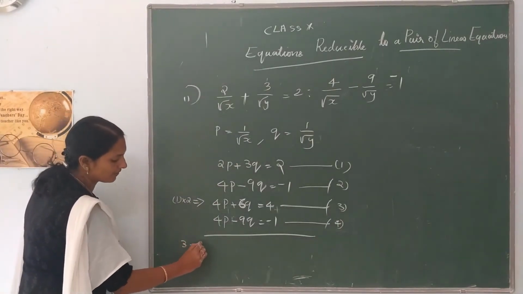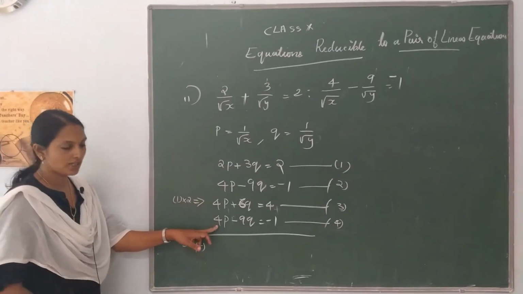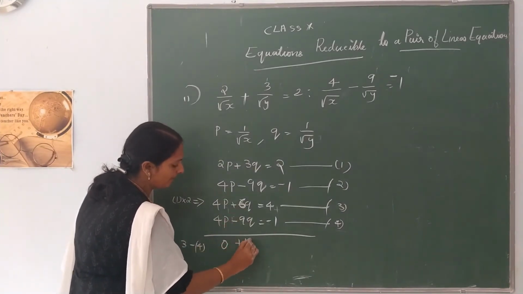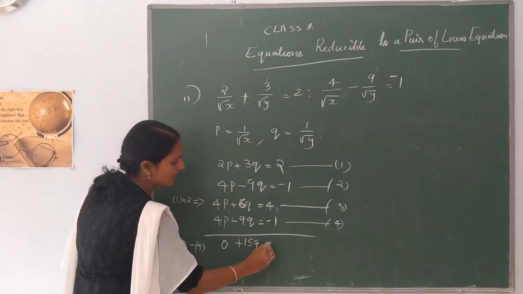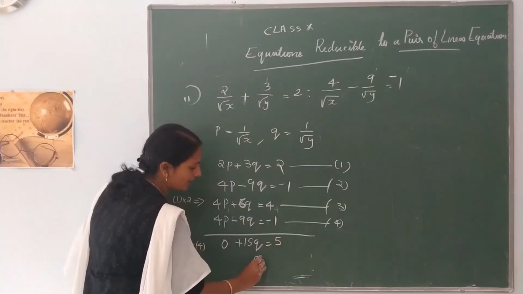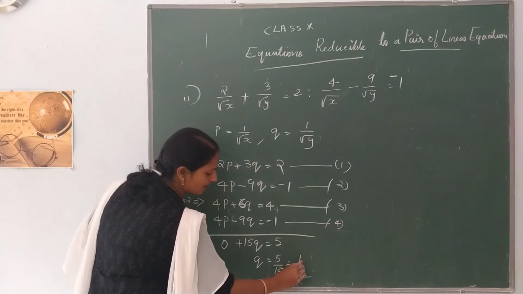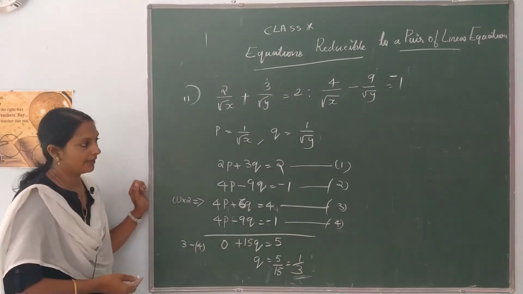Then 3 minus 4, that is 4p minus 4p is 0. Then this becomes plus 15q is equal to 5. Then q is equal to 5 by 15, that is 1 by 3.